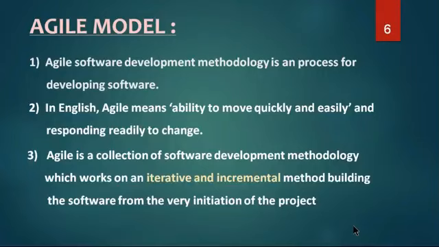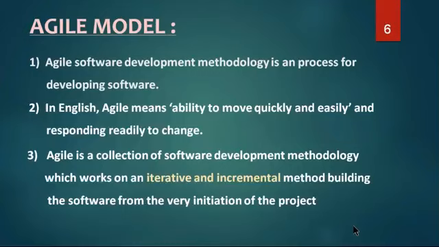You have to move like in a rugby game. Cricket is SDLC, rugby is agile. Why? Because in cricket we play step by step, but in rugby we all have to play together within a fixed time.